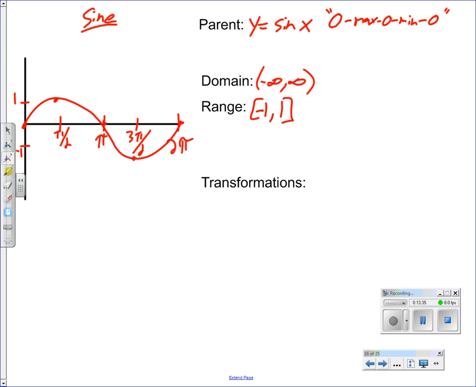So we apply transformations to the sine function. This one has one extra piece that the other functions haven't had so far, and that's the frequency, which is like a horizontal stretch or shrink. Remember, to identify what the phase shift, the horizontal shift, actually is, we have to factor out that frequency. So the argument of the sine function has to be written in this form in order to see what the phase shift is.